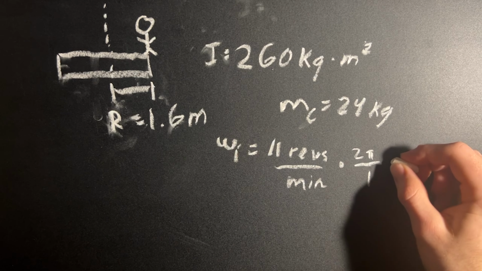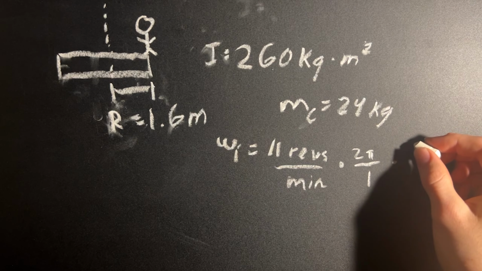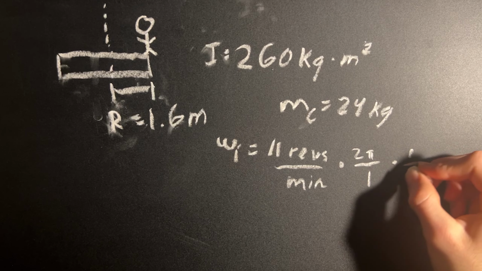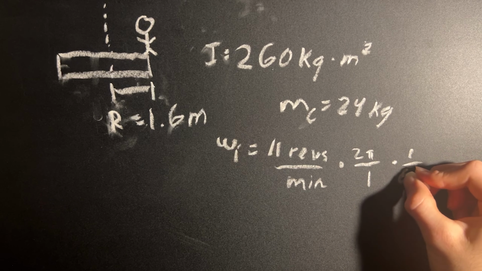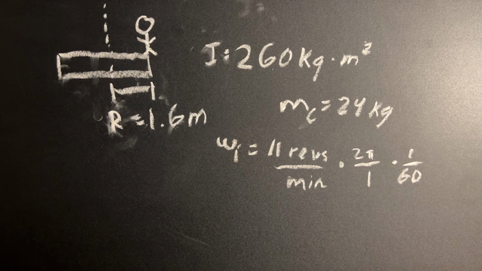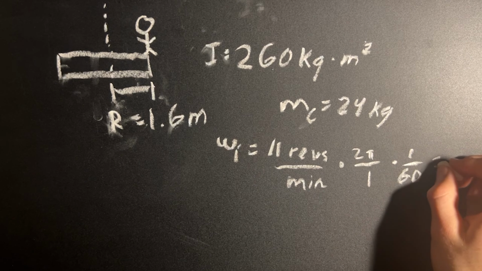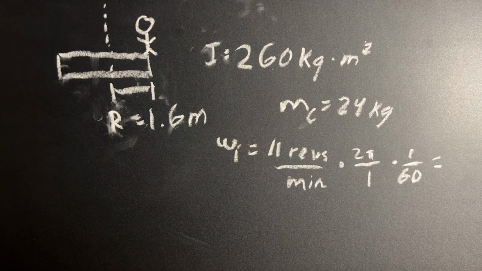And at the same time, we want to multiply by 1 over 60, because there are 60 seconds in 1 minute. This will get us our answer.